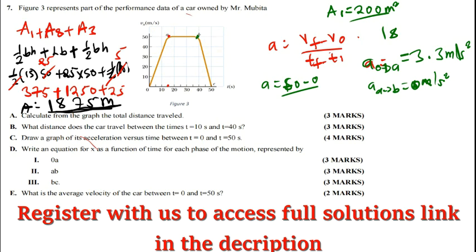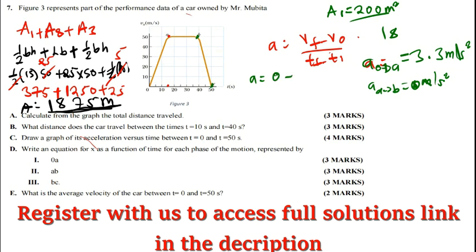Then what of acceleration from B to C? We expect it to be negative because it was decelerating. The final velocity is 0 here at this line.